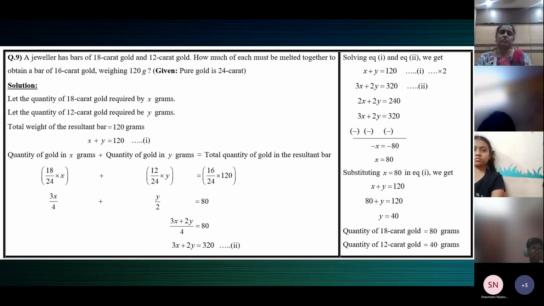18 by 24, 3 by 4. 3/4 of 4 kgs. So 3 by 4 of 4 kgs is 3 kgs. 3 kgs is gold. The rest 1 kg is some other metal. Mostly copper is mixed with gold.